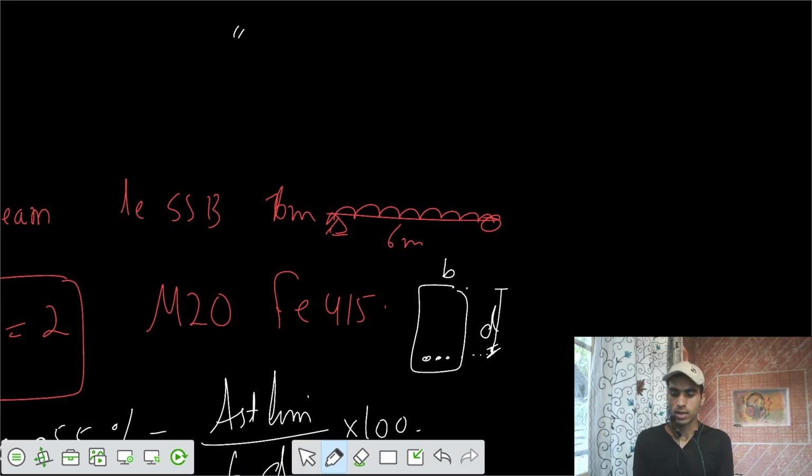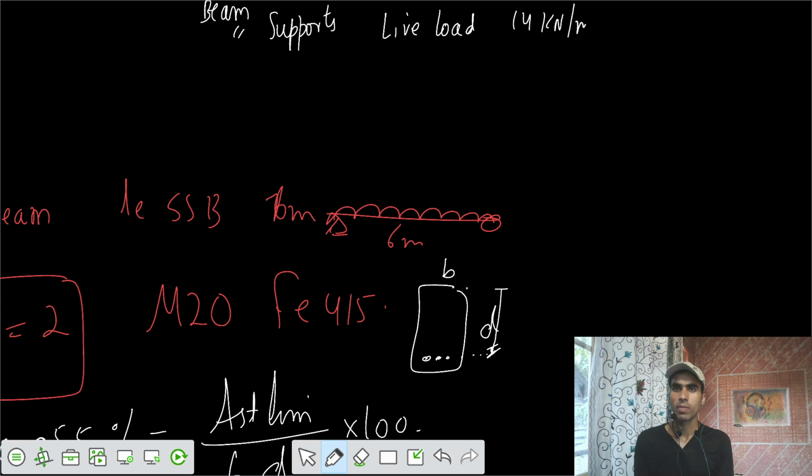The simply supported beam should support a live load of 14 kilonewton per meter, and it should also support a superimposed dead load equal to 9.5 kilonewton per meter.